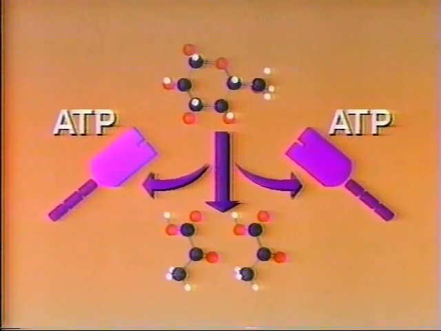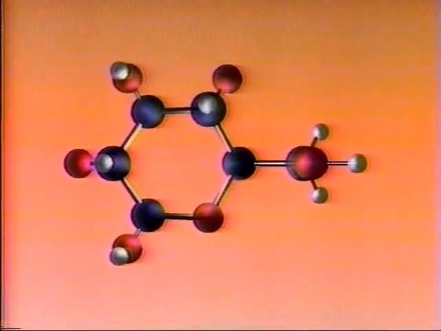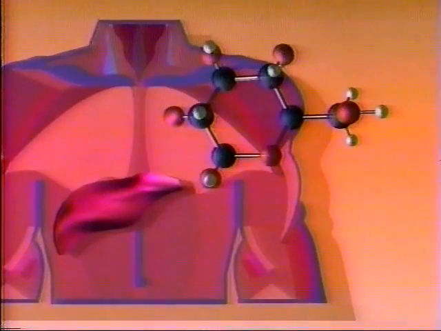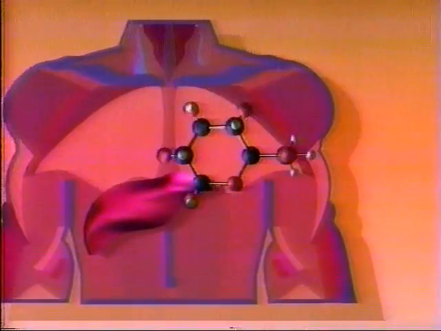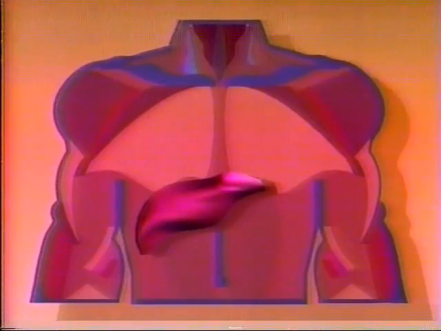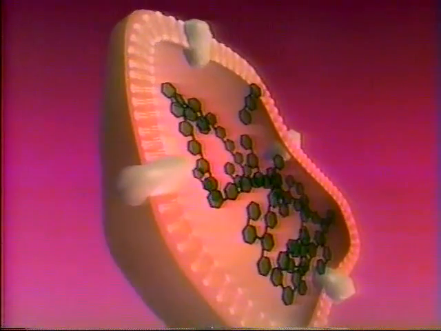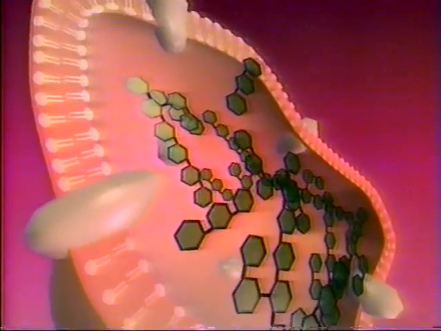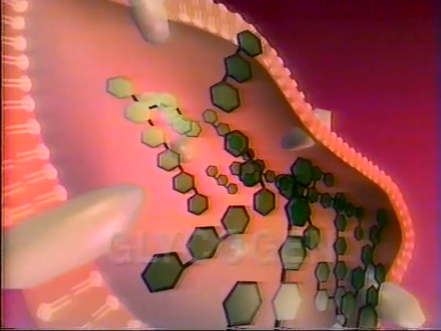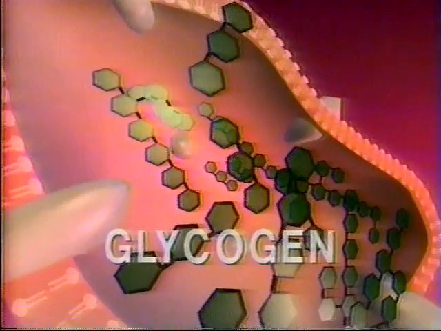But before the process of glycolysis gets underway, glucose must be made available. In the human body, glucose is stored principally in the liver and muscles as the carbohydrate glycogen. So glycogen acts as the storehouse of glucose in the body.